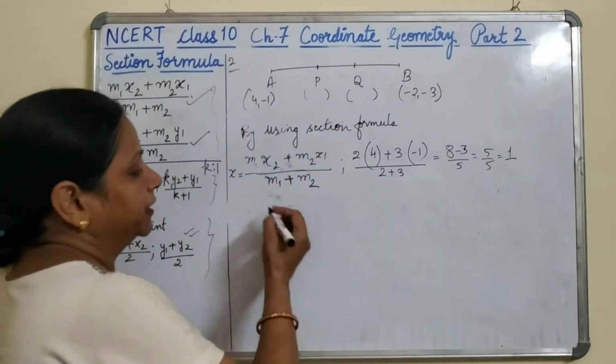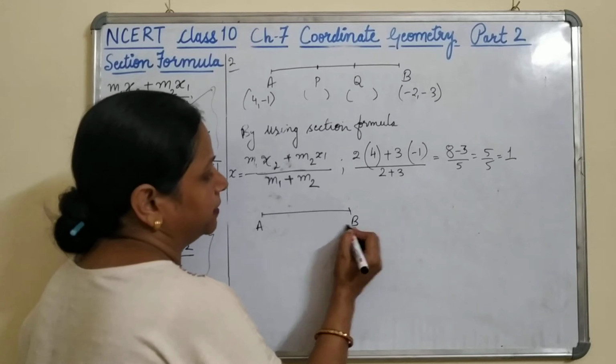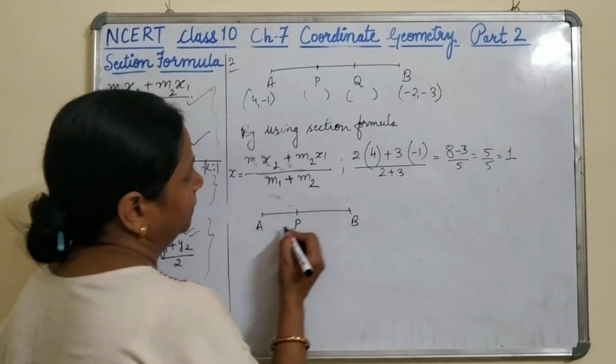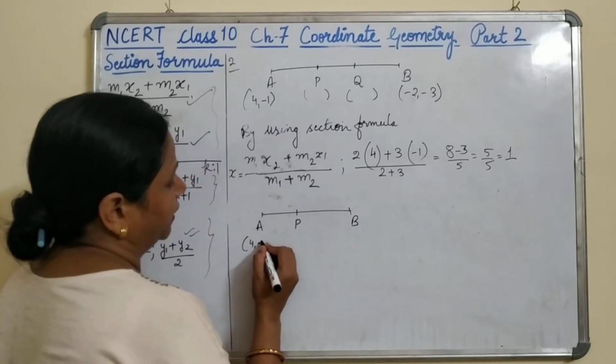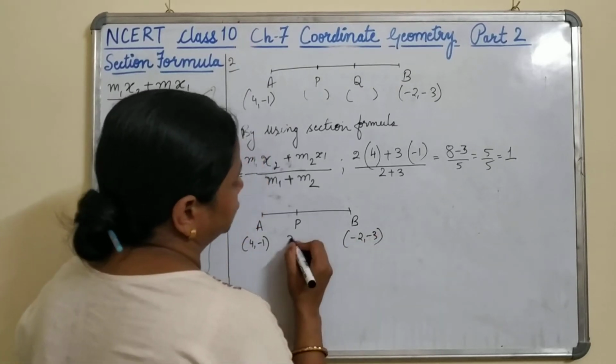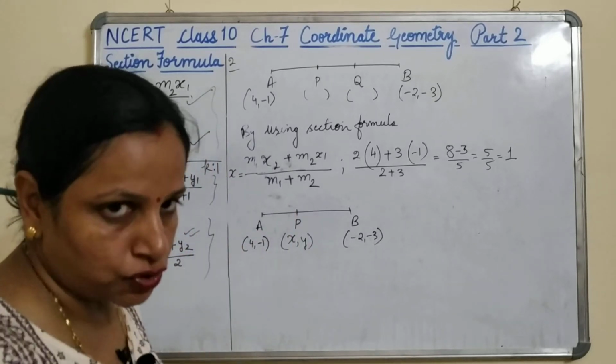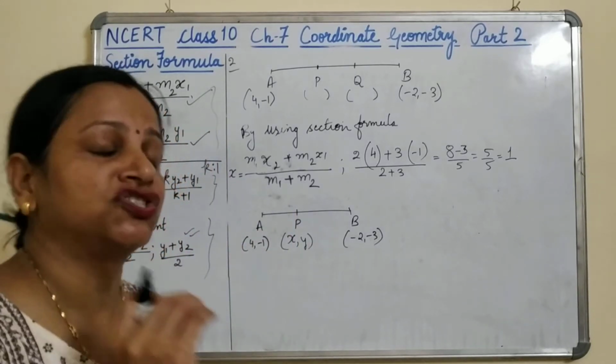Okay? Suppose you have a line. There is A, there is B, there is a point P. The coordinates of A are this, and the coordinates of P you don't know, and the ratio also till now we don't know because they have just told us that it is trisected.